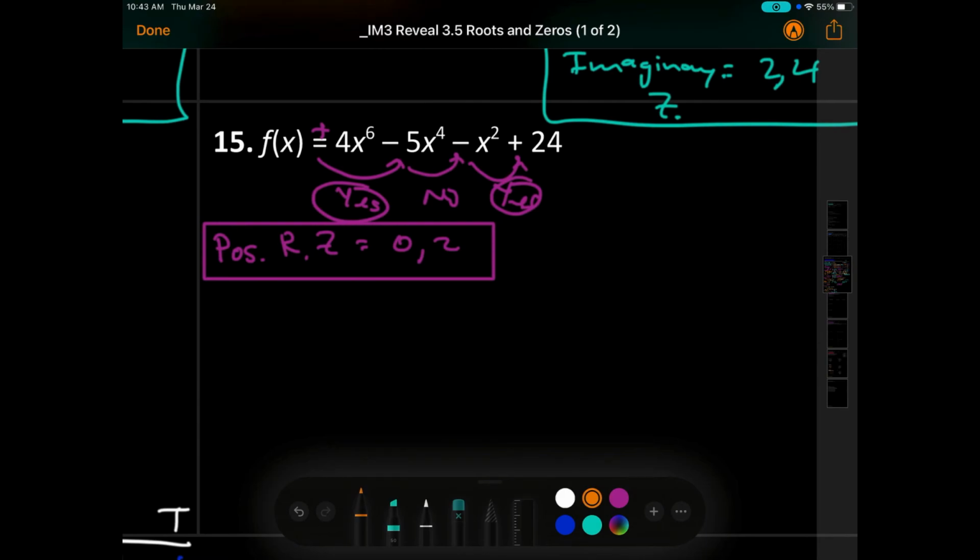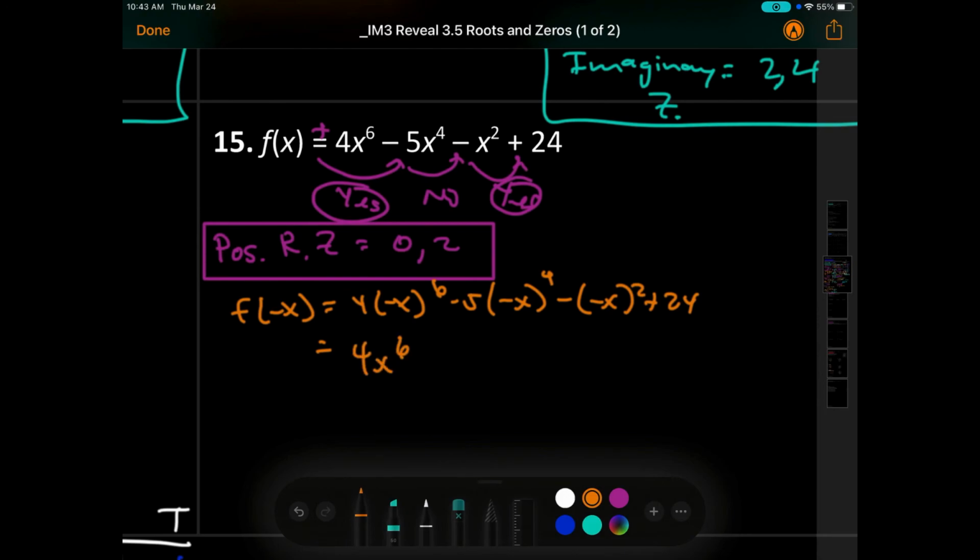Let's do the negatives. I'm going to do that by putting in a negative x for every x value. Simplify, so this will be 4x to the 6. And not a trick, but basically every time it's even, it's just going to be like a negative x times negative x times negative x. So it's going to stay the same. Here's an even. It's going to stay the same.